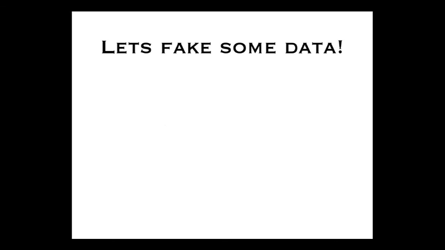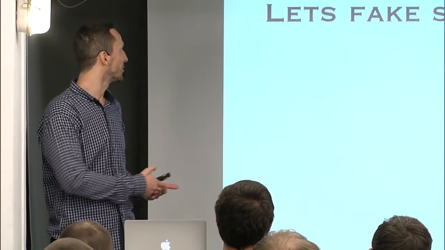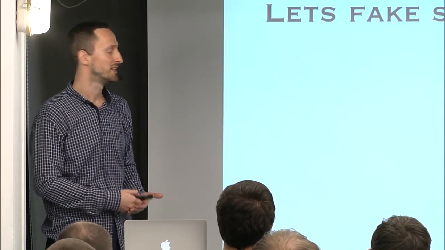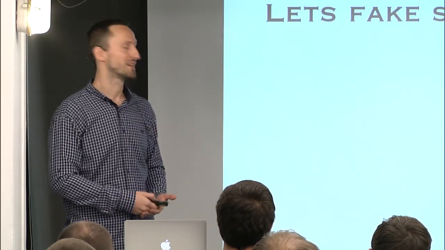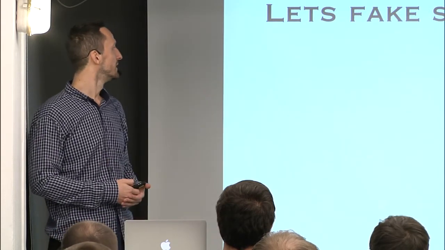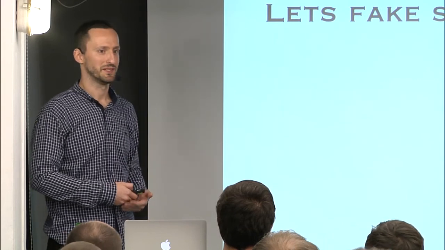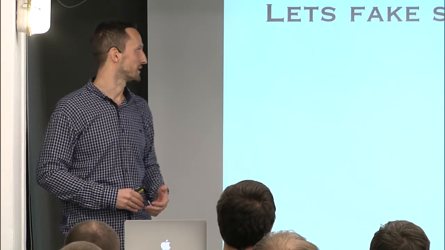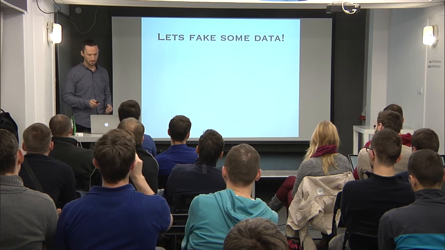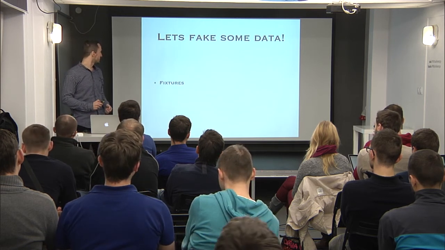Okay, so let's fake some data, because we know how to create models, we know how to retrieve from the database, but we would like to populate it. So we have something to show, let's say, our client, if he wants to see a lot of data in your application, and you don't have the backend yet. We have a couple of options.